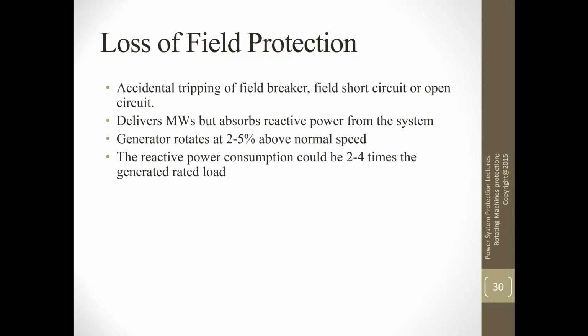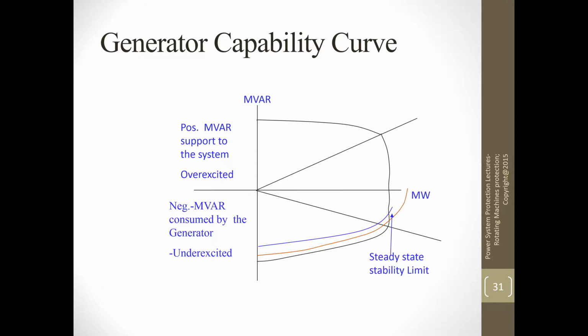So when the field is removed, it consumes a very huge amount of reactive power, which results in lower voltage at the terminals, and the generator rotates at super synchronous speed. It works as an induction generator under such conditions.